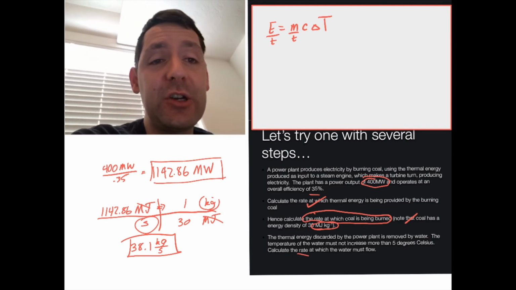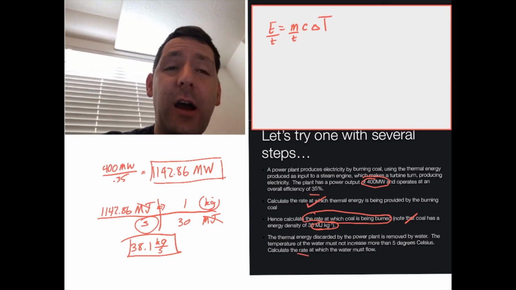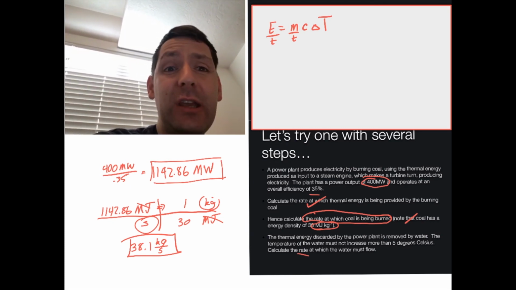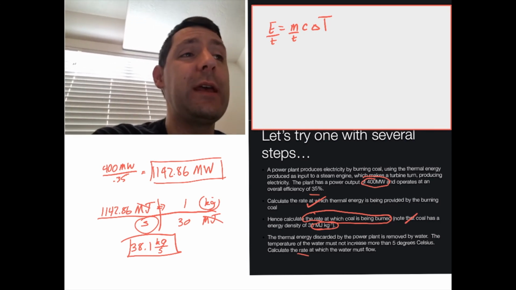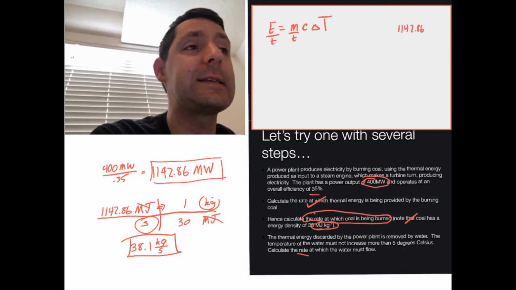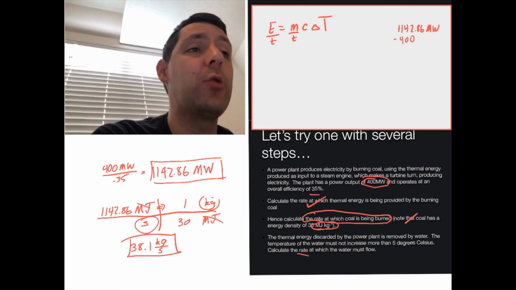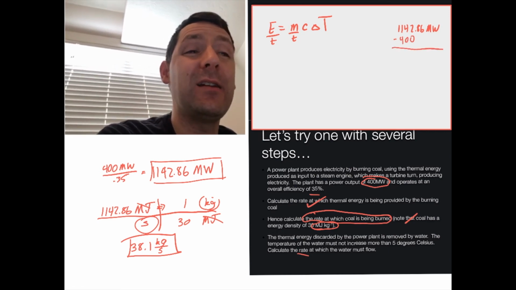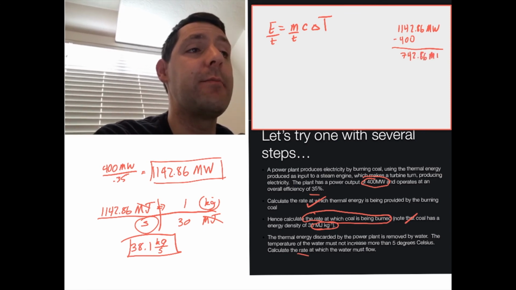Well, we're going to assume that's the energy that we don't get out. We've said that there's 1142.86 being created initially, and we're only getting 400 out. So I'm going to assume that if I'm producing 1142.86 megawatts and I'm only getting 400 out, then the waste must be 742.86 megawatts.